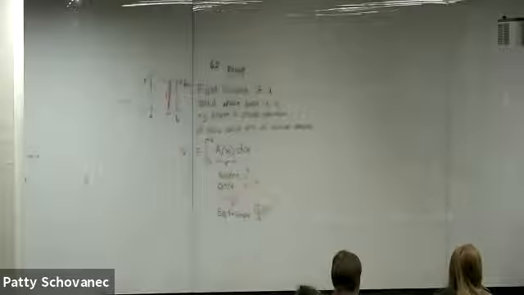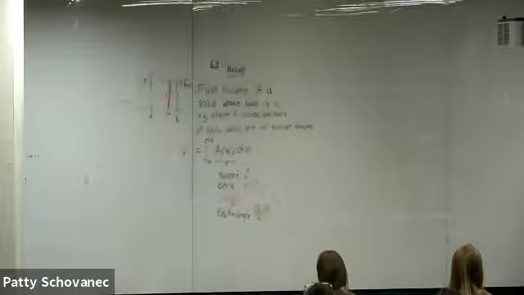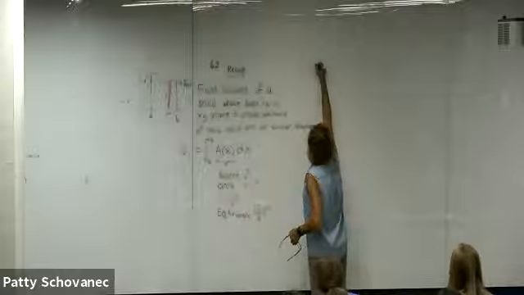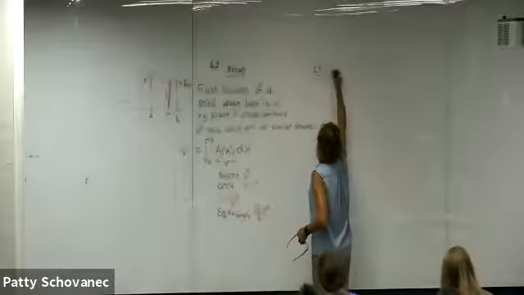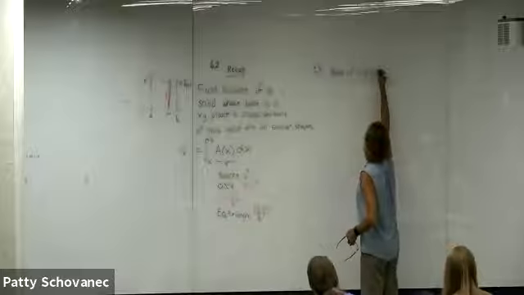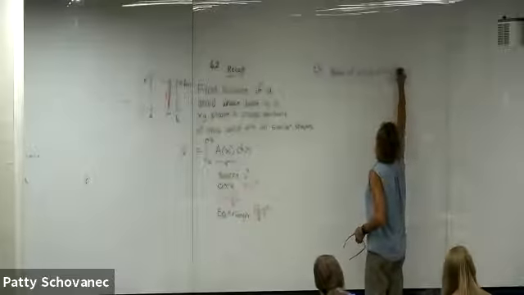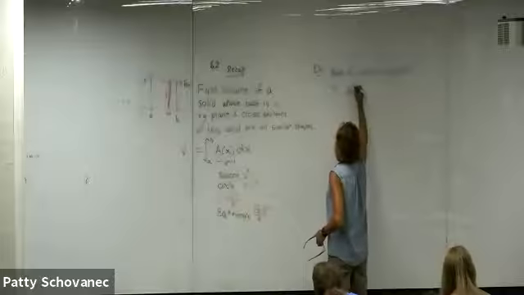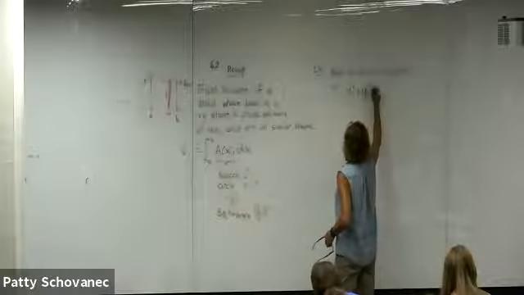So the region in the XY plane is the circle x squared plus y squared is equal to 4. A solid has as its base in the XY plane the circle x squared plus y squared is 4.